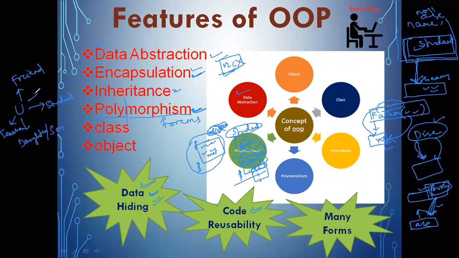Then you can be a brother or a sister. Now see, different properties, different features, or different forms are there, but how many people? Only you. You are the one who behaves differently at different instants of time, and that is known as polymorphism.